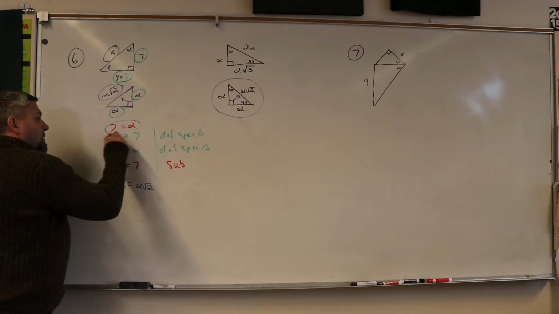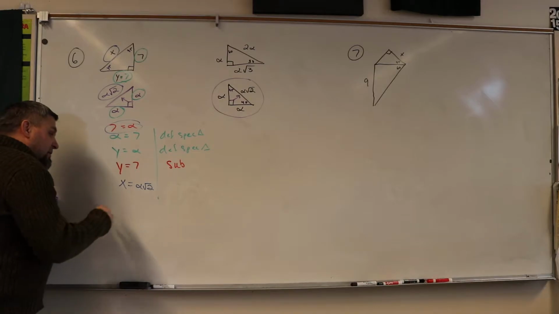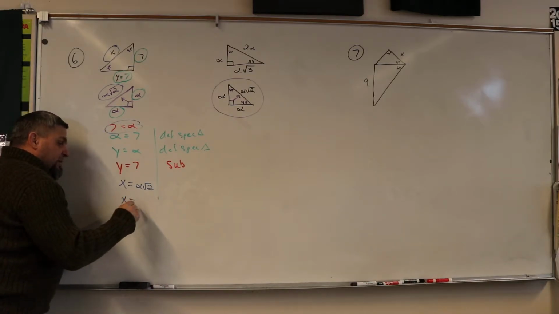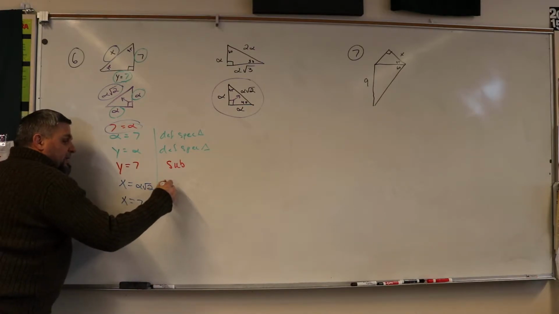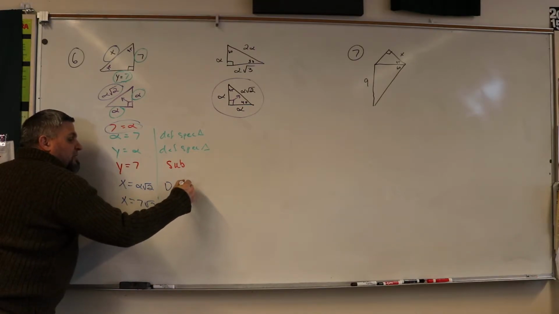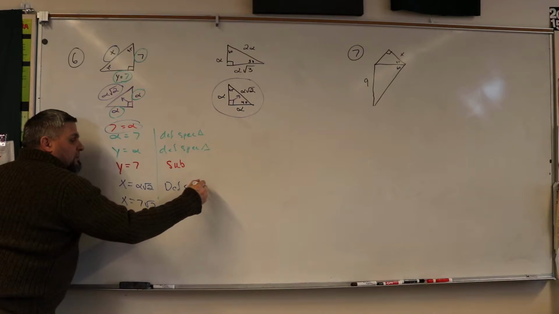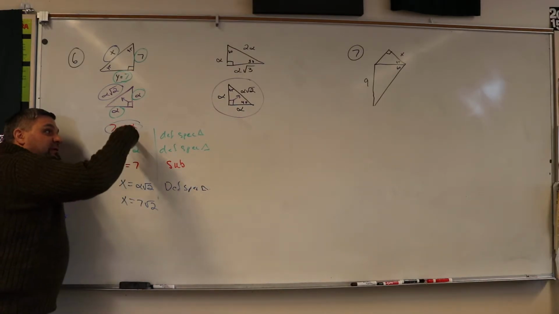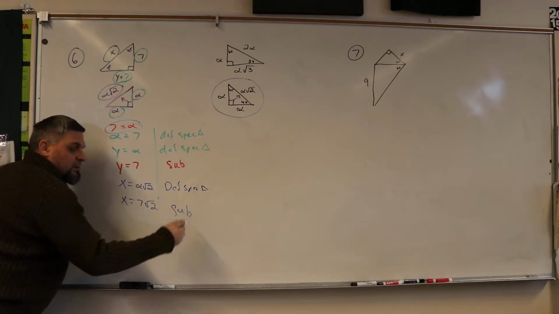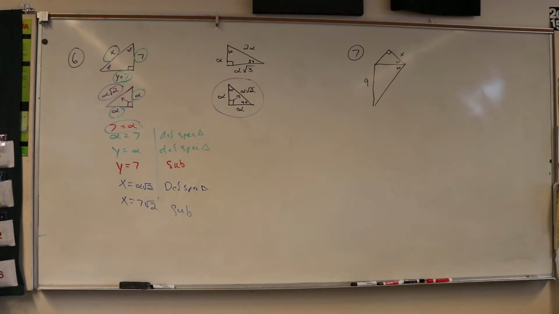So that means that x is equal to 7 square root 2. Now this is because of the definition of special triangles. Okay? But this is because of substitution. That's it. That's done.